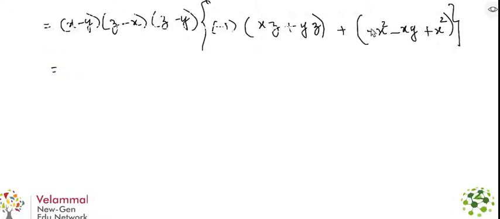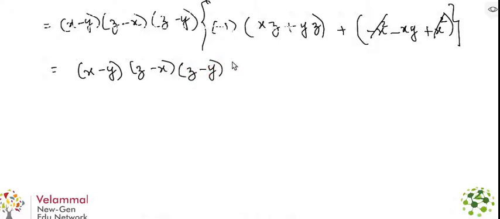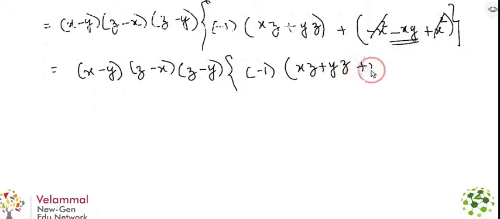So x square and x square will cancel. So I get x minus y into z minus x into z minus y into minus 1 into x z plus y z. Minus is taken out of this also, so I can say plus xy.